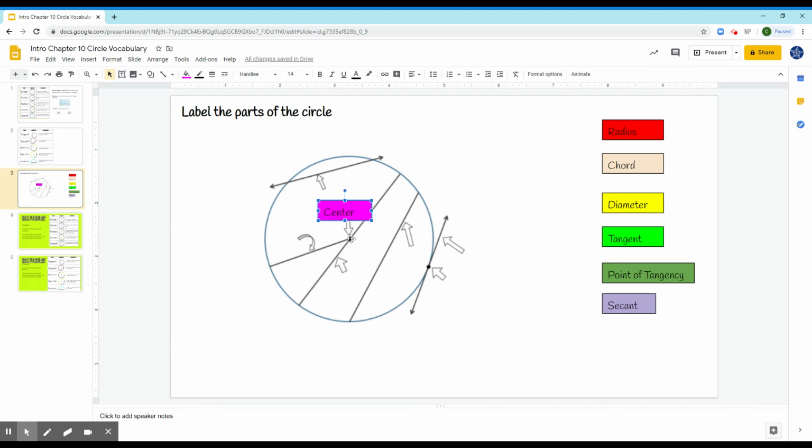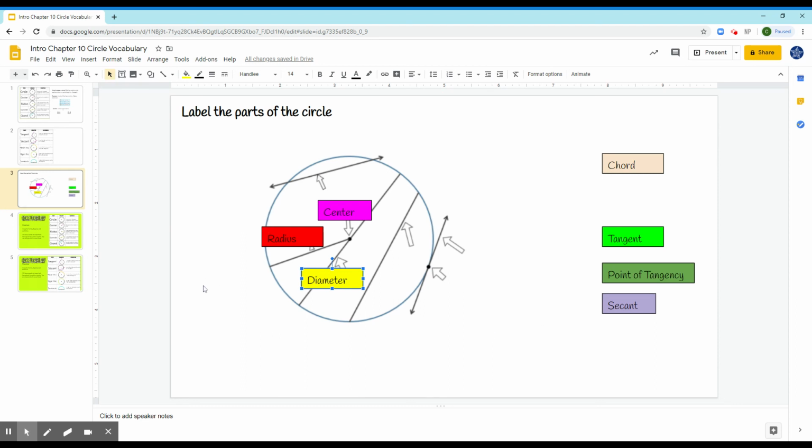Starting out from our center and going to the end of the rim in one direction, that is my radius. Going back to that center point, you can see I have a line going from rim to rim, including the center, and that is my diameter. Those are my 3 words that I should be most comfortable with starting out with circles. I should always be able to identify the radius, the center, and the diameter.